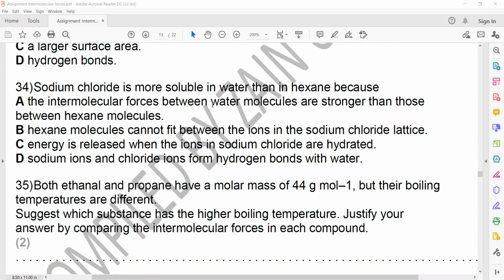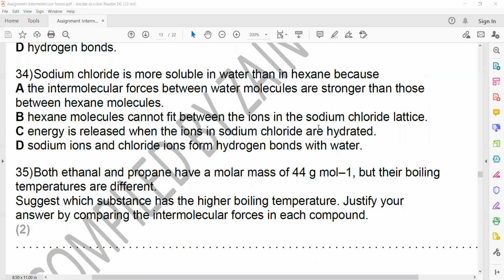In question 34, sodium chloride is more soluble in water than in hexane. What is the reason why sodium chloride is more soluble? The intermolecular forces between water molecules being stronger is not the reason about the solubility.